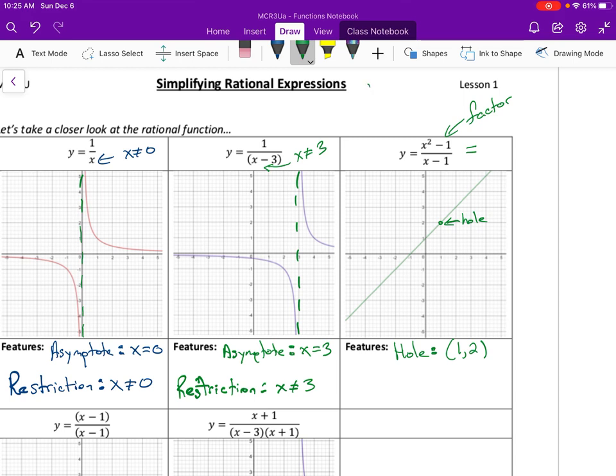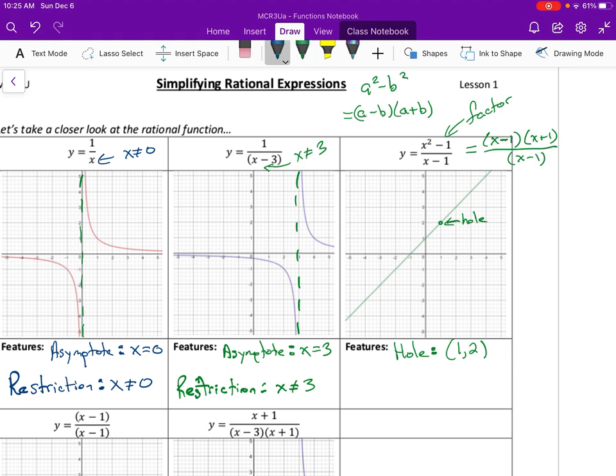Whenever I have that, a squared minus b squared, I can factor it into a difference of squares: a minus b and a plus b. So the square root of x squared is x, so x minus 1, the square root of 1 is 1, and then x plus 1. So I can factor that into those two factors.